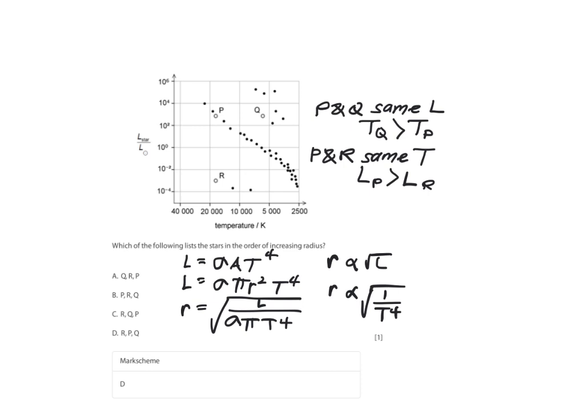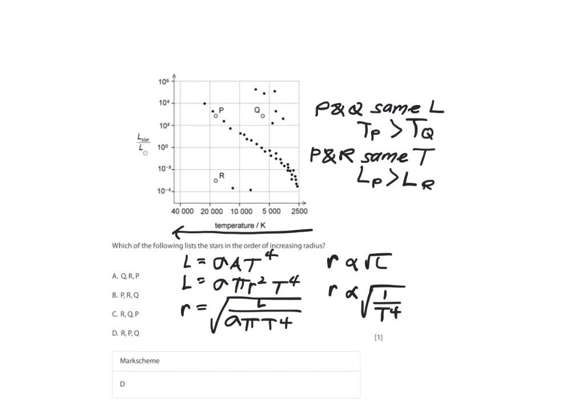Okay, let's fix that, because I forget with the HR diagram that the y-axis increases vertically, but the temperature axis increases to the left, which means that the temperature of P is greater than the temperature of Q. And temperature is raised to the fourth power, so temperature is going to have a greater influence than luminosity will.